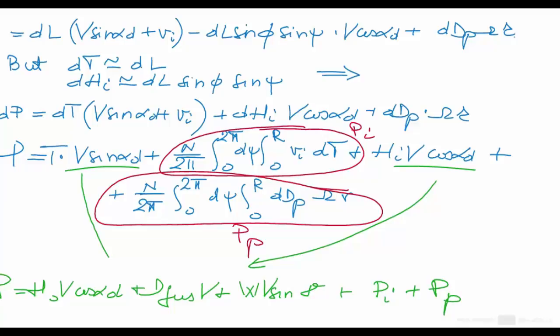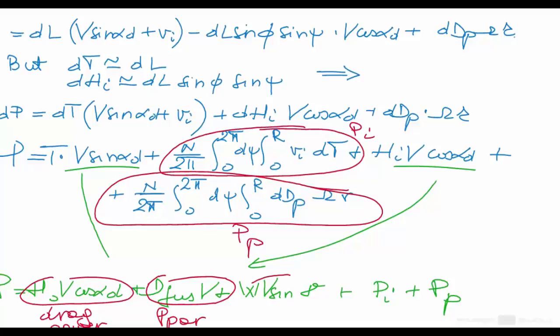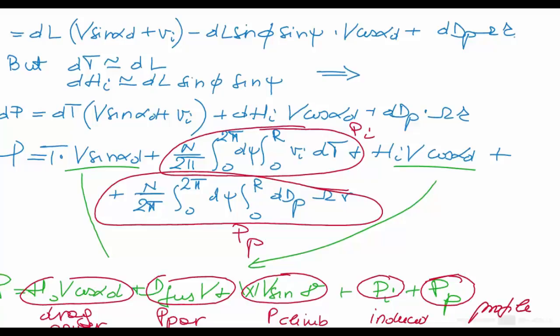So it follows that, going back to red, this is the so-called drag power. This is the parasite power of the fuselage. This is the power to climb of the helicopter. This is the induced power, and this is the profile drag power.